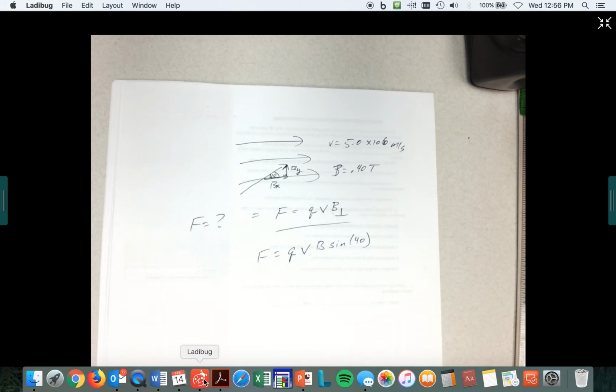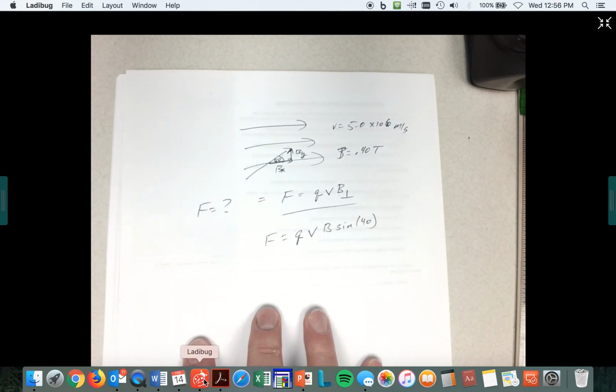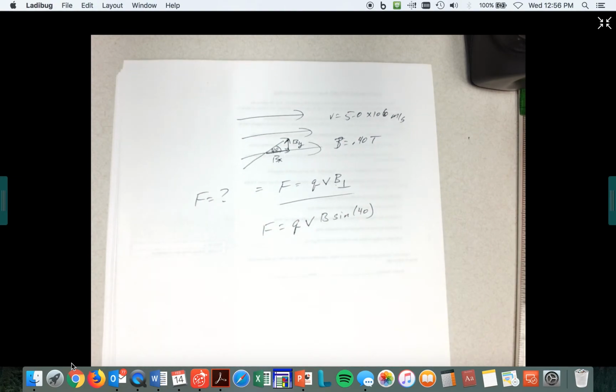Hold up, I'm going to get my handy dandy trusty calculator out here. So we'll do this problem, then we'll move on. And I promise we'll move much quicker than this. All right, and it's a proton.